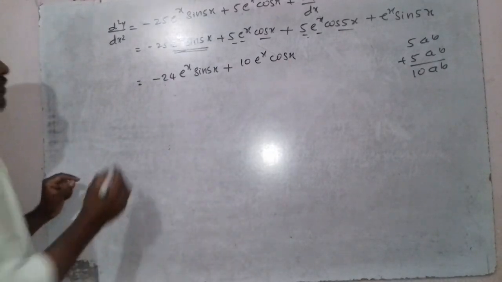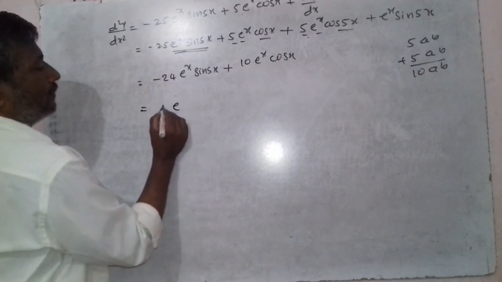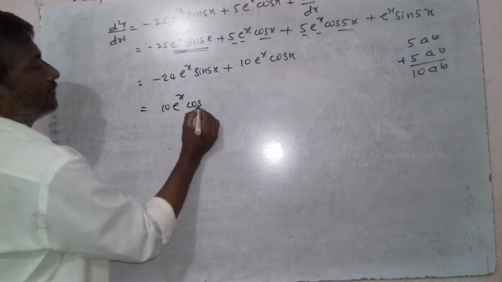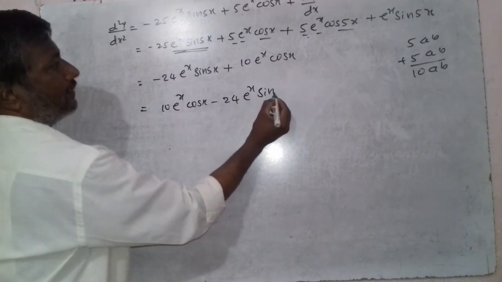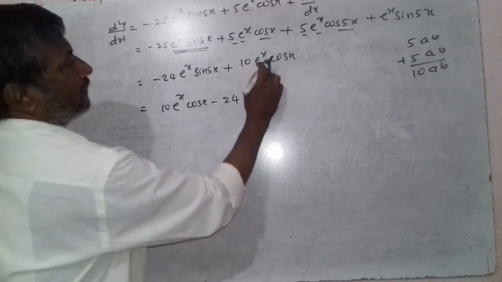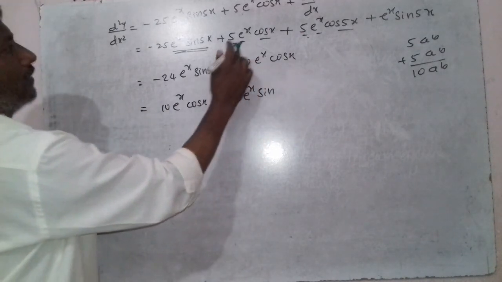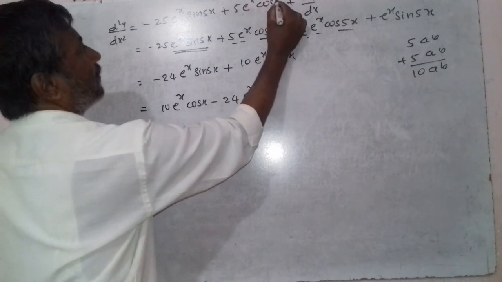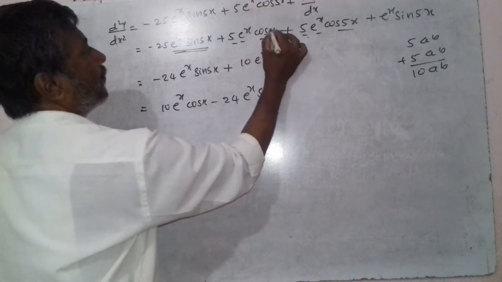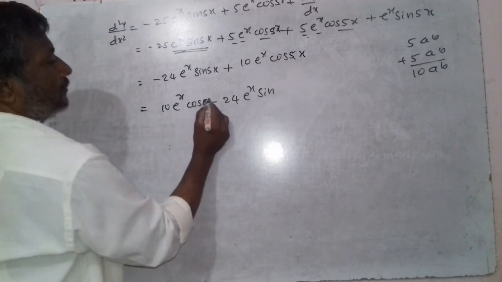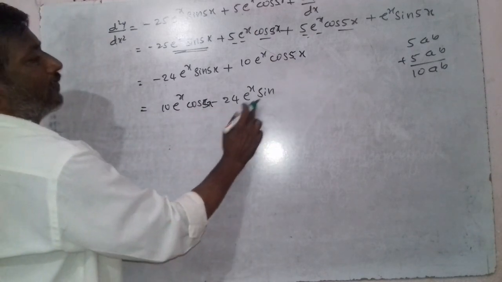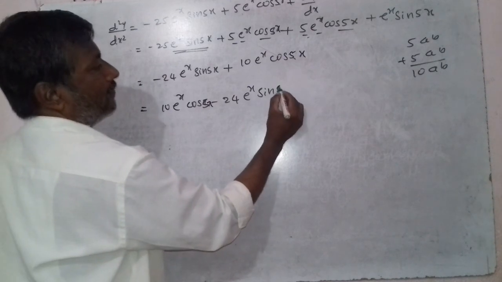So this equals 10 e raised to x cos 5x minus 24 e raised to x sin 5x.